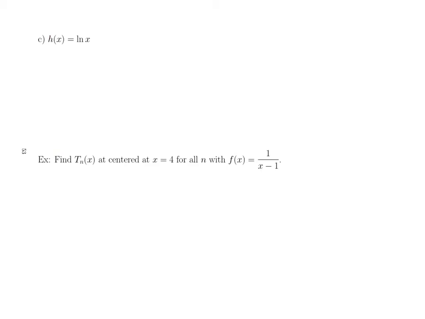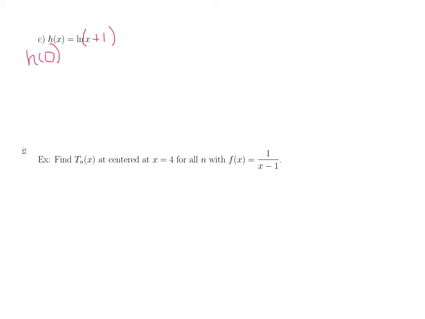This one is ln of x, and so we need to start taking derivatives to see if we can figure out what the pattern to the derivatives will be. So h of x is ln of x. Let's actually make this x plus 1 so that we don't end up with an undefined first term. So this is ln of x plus 1.